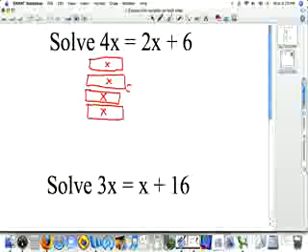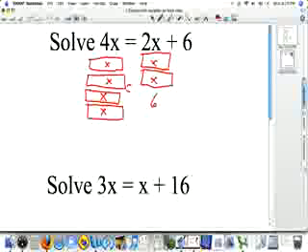And that's equal to 2 x's and plus 6. Well, you can see when I have the same thing of anything on both sides, you can just get rid of that. So really we're going to subtract 2x from both sides. Really my equation here is 2x equals 6. That's really all that is.